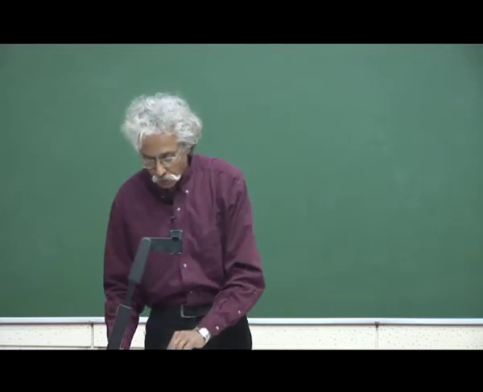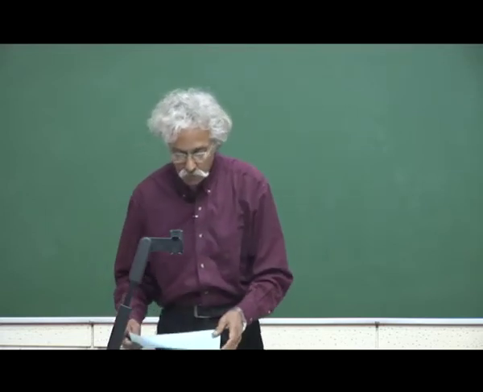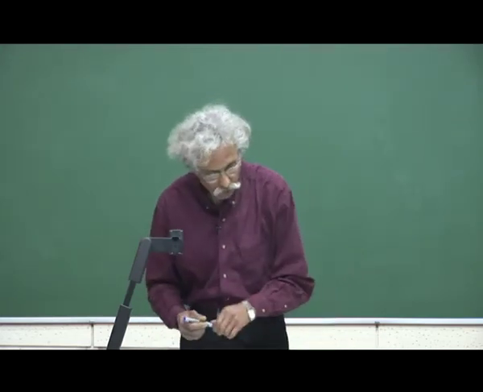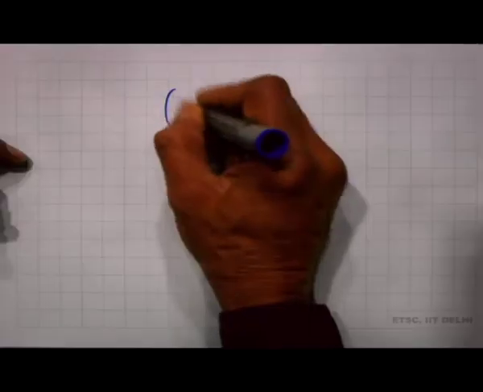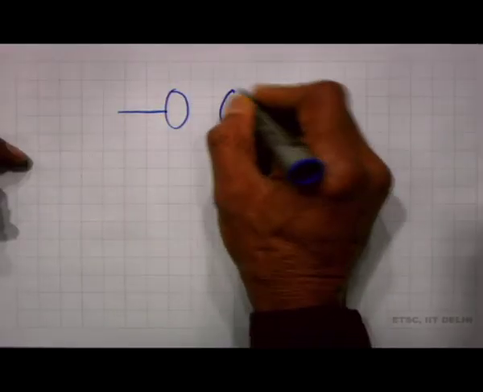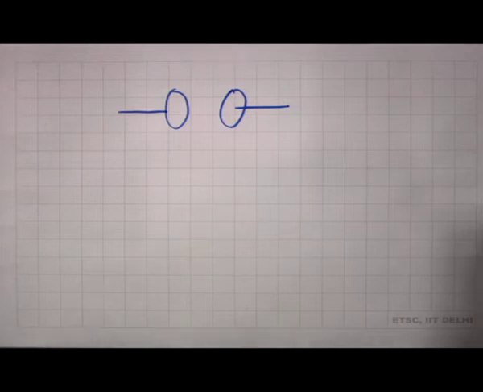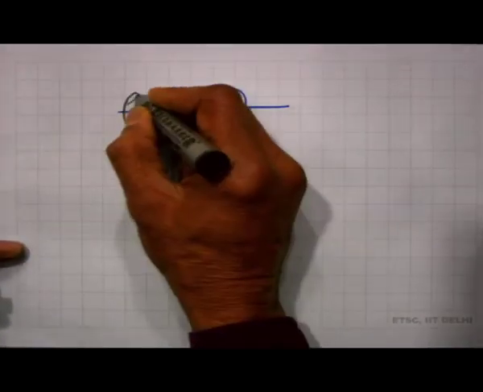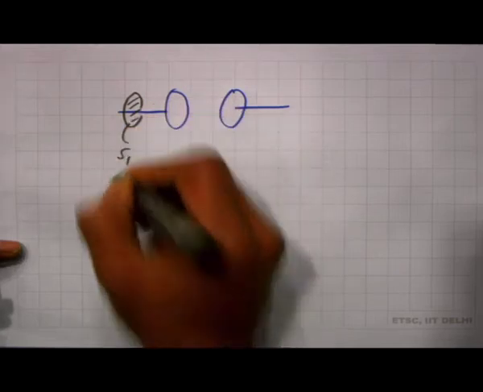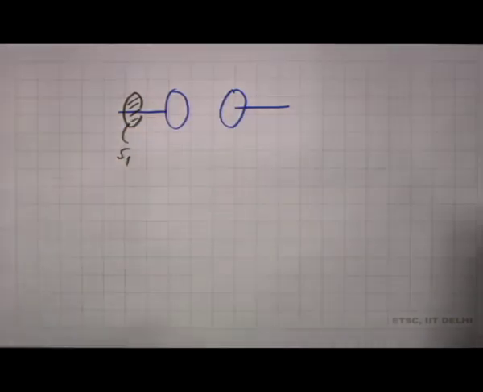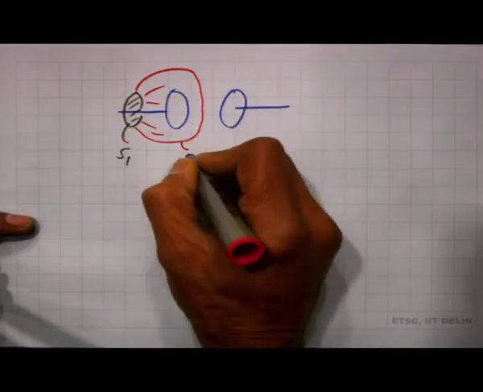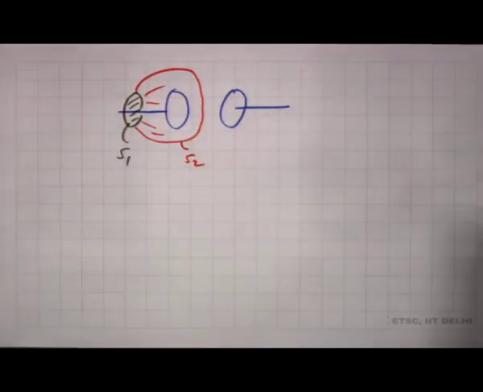So, we try to analyze this by using the following argument. Now, let me call these two surfaces. Let me draw the figure again here. So, I have these capacitor plates. I have this loop here. Let me call this surface S1 and let me draw another surface, which I call S2. These are the two surfaces which I take.